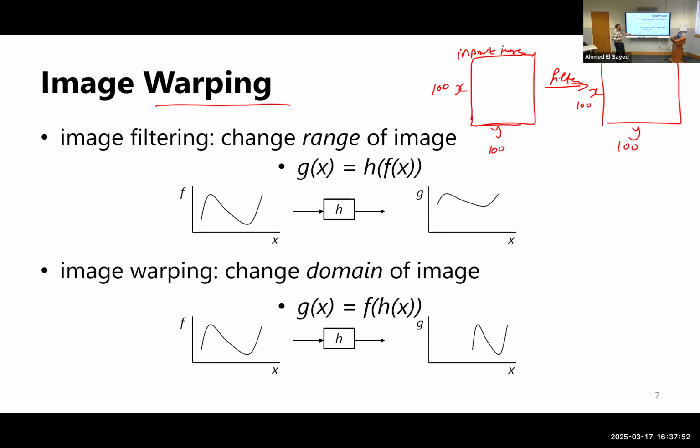In the filtering, what exactly will happen? The pixel value will change. So this will be different from this. If this is light, this will maybe be darker, maybe sharper, maybe fuzzier. So the pixel value in the filtration process is changing, but the pixel location is the same. This is 1 and 1, same here, 1 and 1. The pixel location didn't change. What changed is the value of this location. That's what we call filtering.